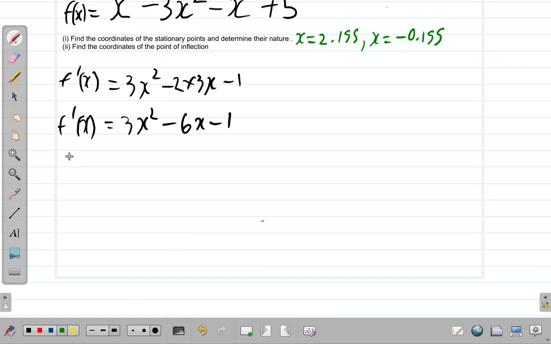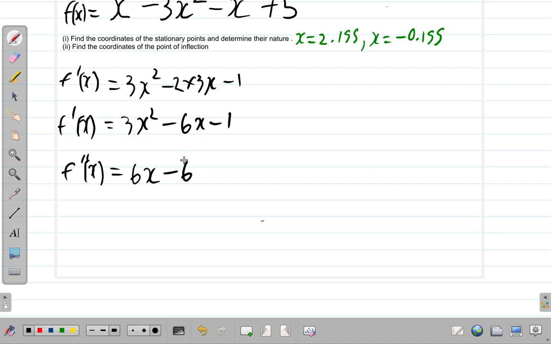Find f double prime x. f double prime x equals 3 times 2 is 6x, minus 6. You differentiate 1, you get 0. So it's 6x minus 6.